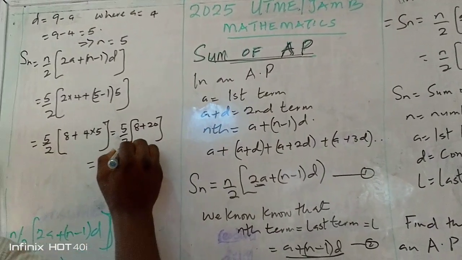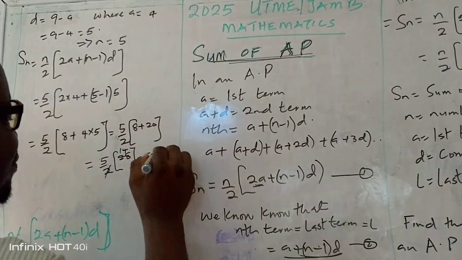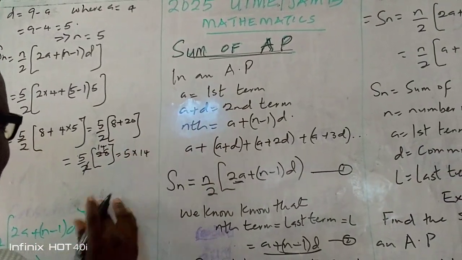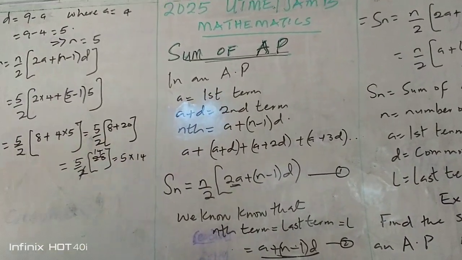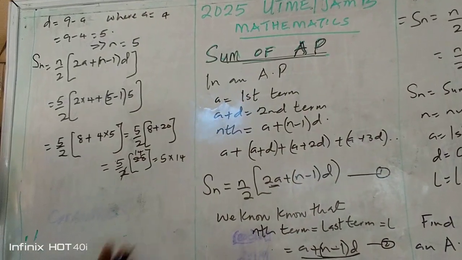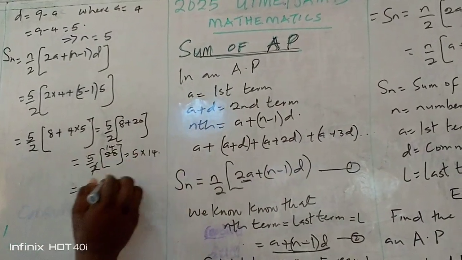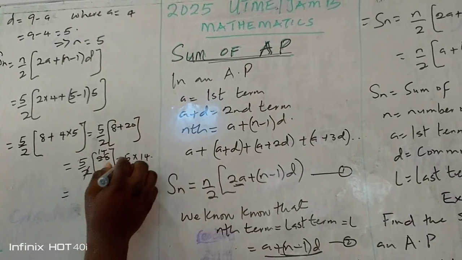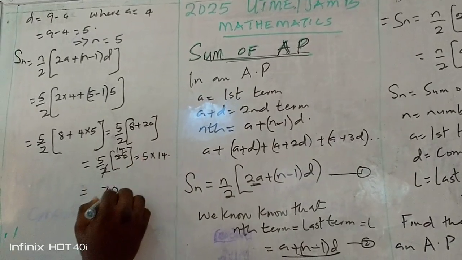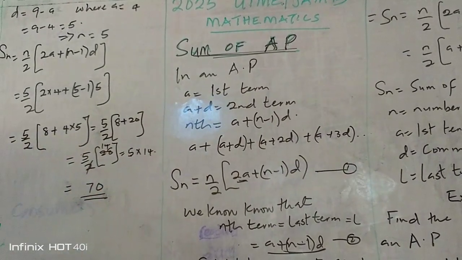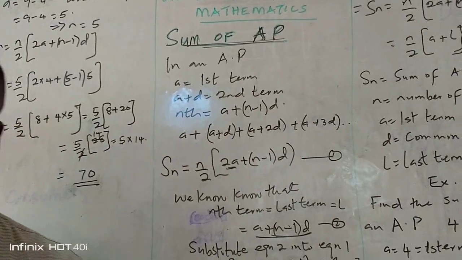This cancels to 14. So I have 5 times 14 as the sum of my fifth term, which becomes 70. That's how we solve the sum of an AP.